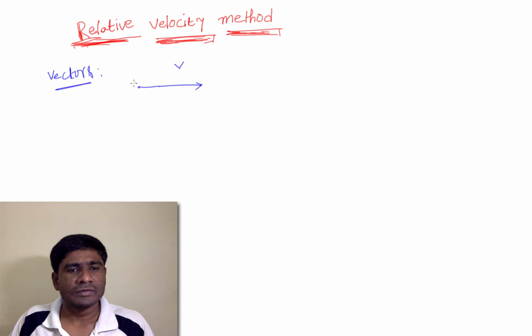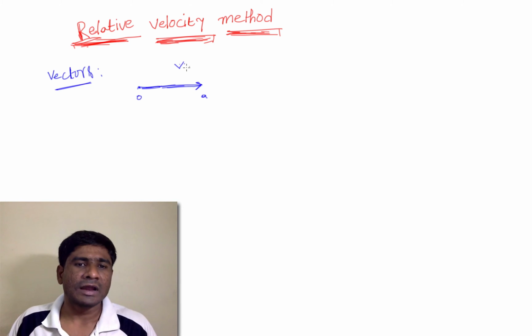The length of this vector gives the magnitude of this velocity, and this arrow mark gives the direction in which it's moving. For example, this is O and this is A. In this case, this velocity V is acting from the point O towards A, and this orientation here is horizontal. So the orientation of the vector gives the sense of the velocity.